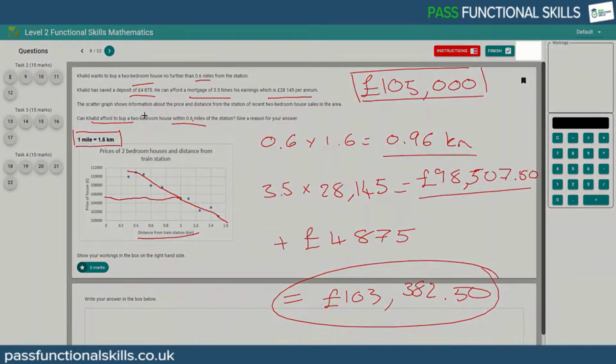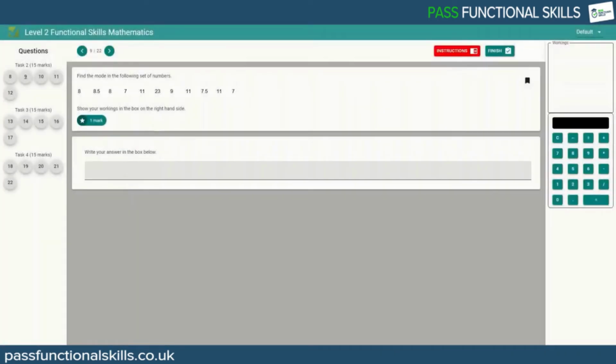Moving on to question 9, we are asked to find the mode of the following set of numbers. So mode is the most often number that appears in a data set, so what we have to do is identify the number that appears the most in the listed numbers given.